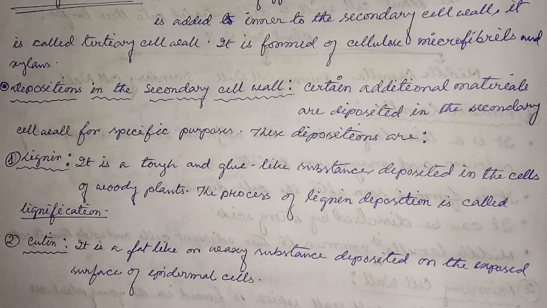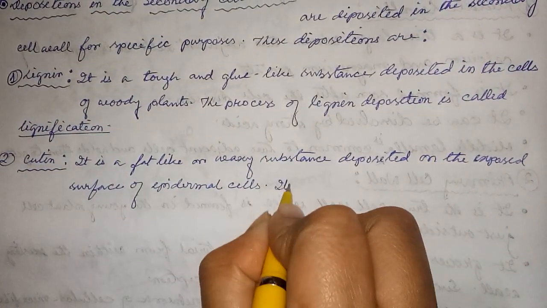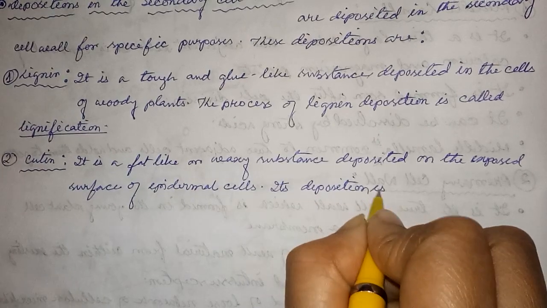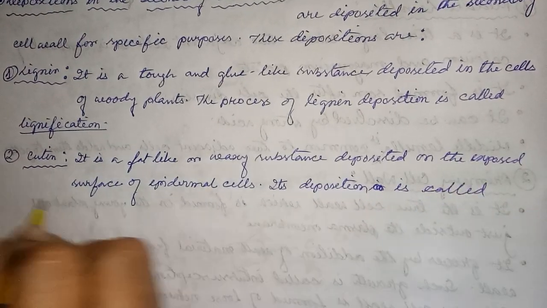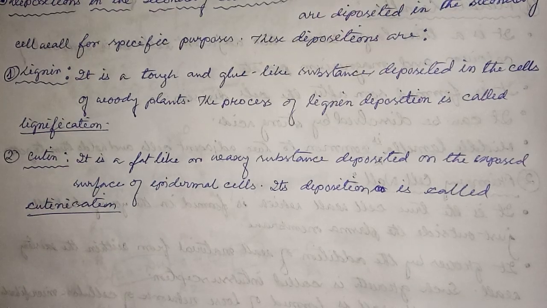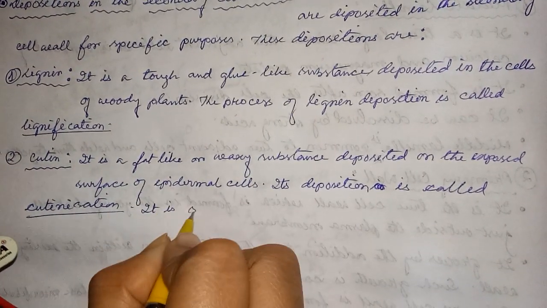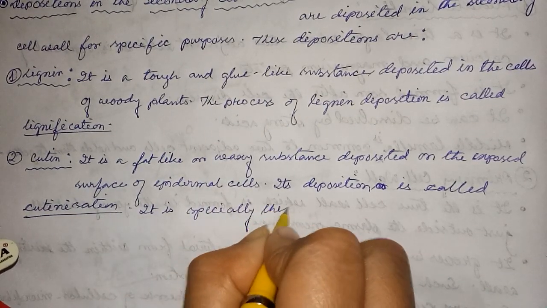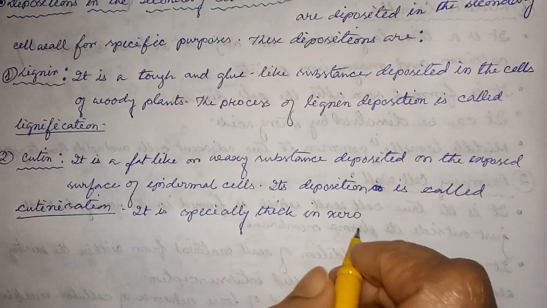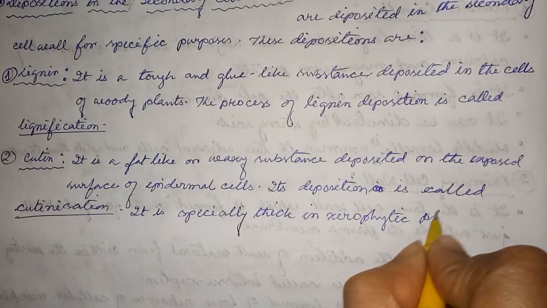Its deposition is called cutinization. It is specially thick in xerophytic plants.